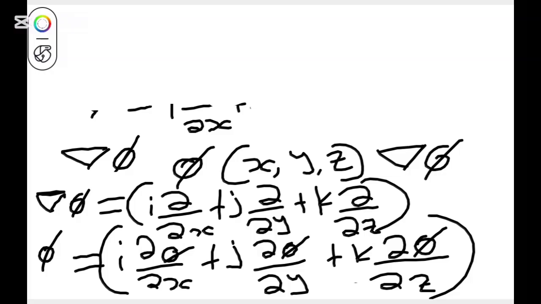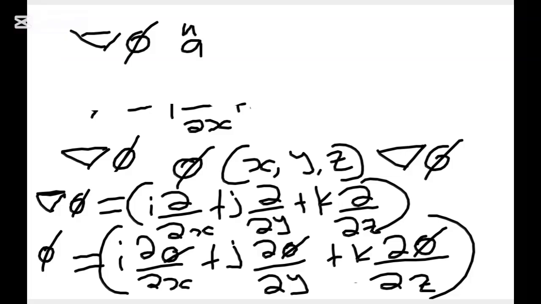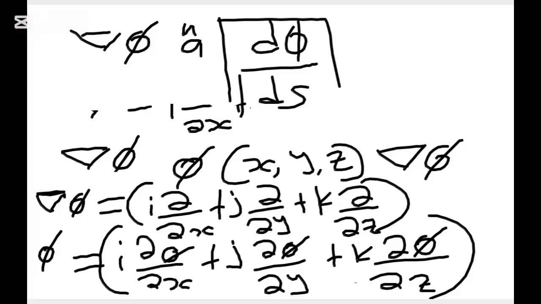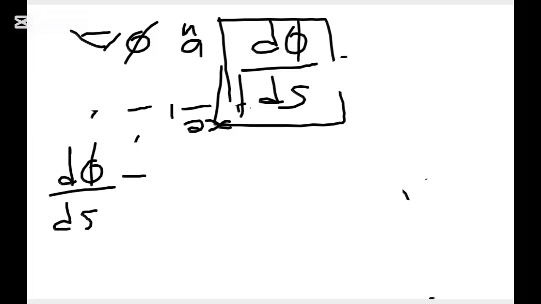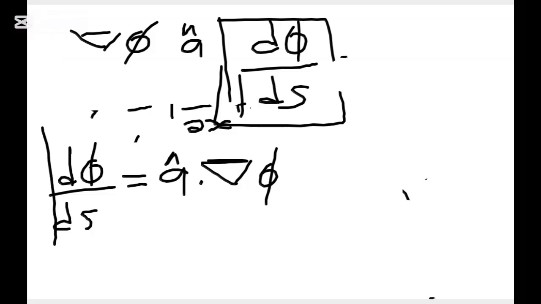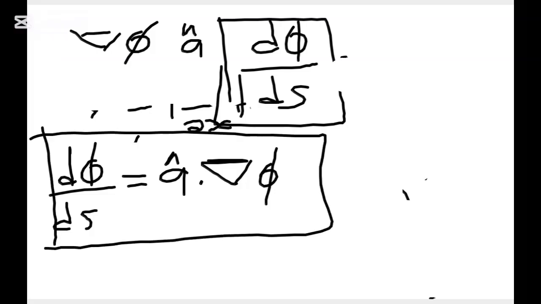As I was saying, the directional derivative of psi in the direction of a unit vector is given by d psi by ds. d psi by ds is the same thing as the unit vector dot del of psi.